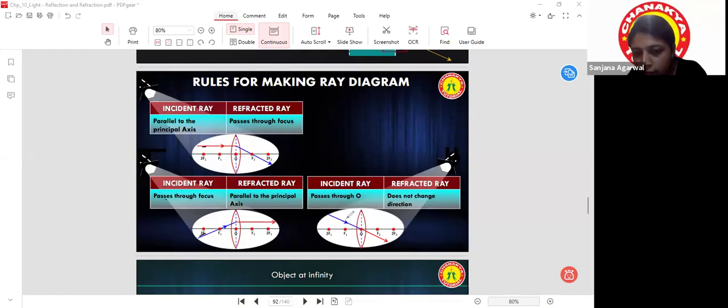And the third rule says, if any ray passes through the optical center, it is like being incident normally on a surface. You remember that if any ray of light is incident perpendicularly on any surface, it will pass undeviated, similar to this case. You can use any of these rules to obtain the image formation.